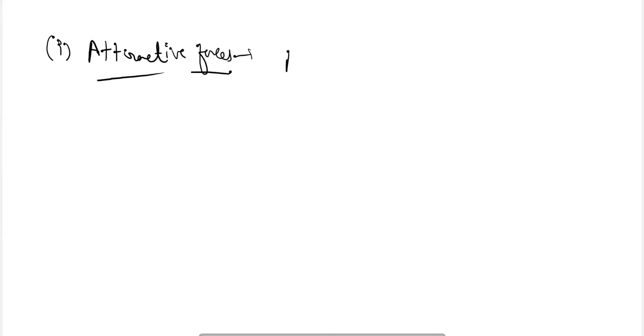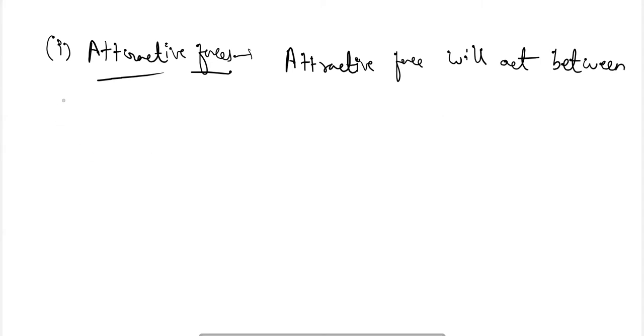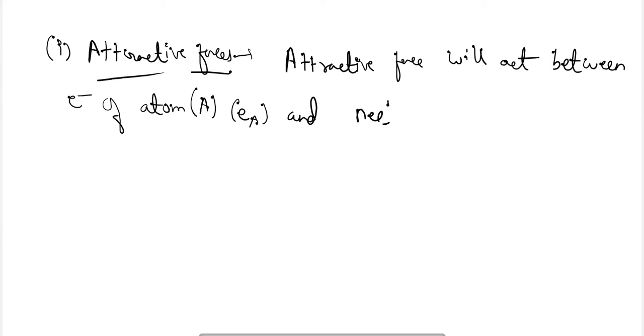So the attractive force will act between the electrons of atom A, that is EA, and the nucleus of B, that is HB, due to presence of opposite charge here.